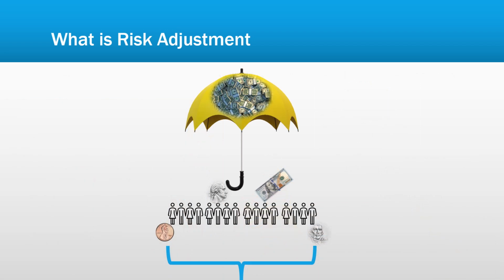So when you pay that money, that goes to this umbrella that covers you. And you may need a penny from that fund. You may need a nickel. You may need a quarter. You may need $100.